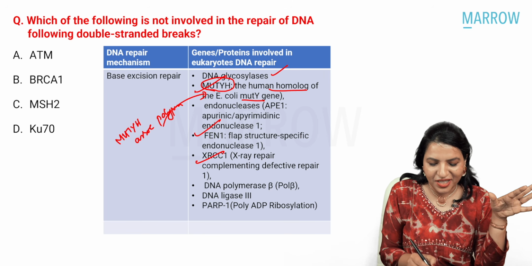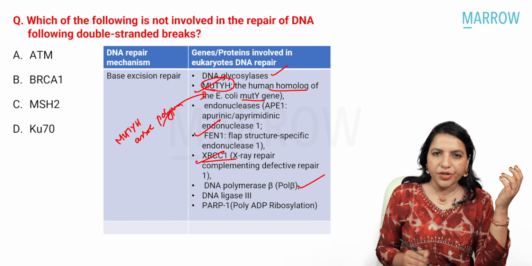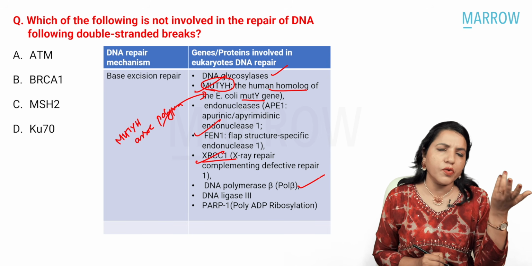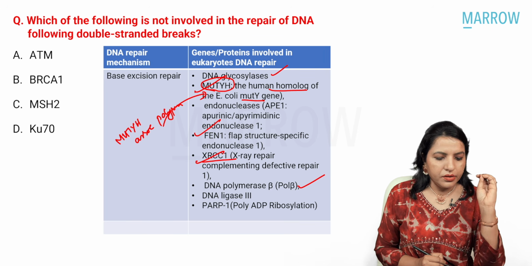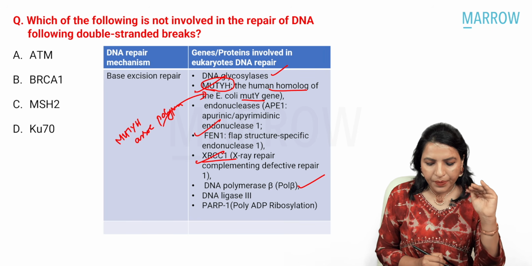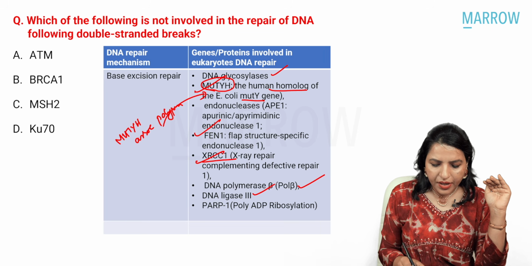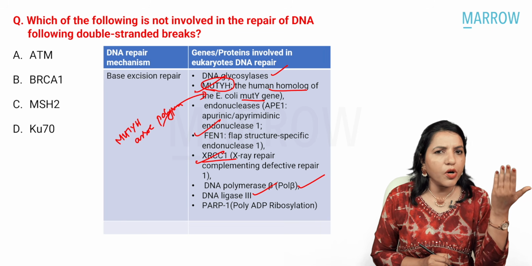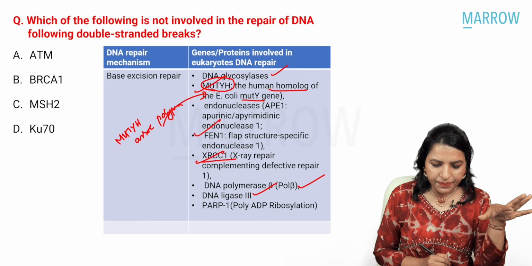It is very complicated, I know that. Then DNA polymerase beta is involved in almost every repair mechanism, not only base excision repair. DNA ligase too; all the polymerases and ligases are involved in almost every repair mechanism.